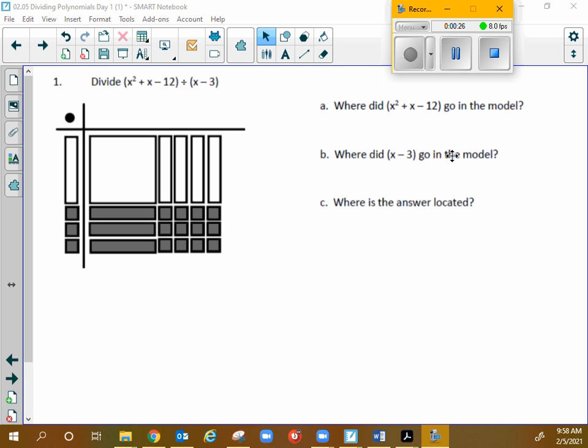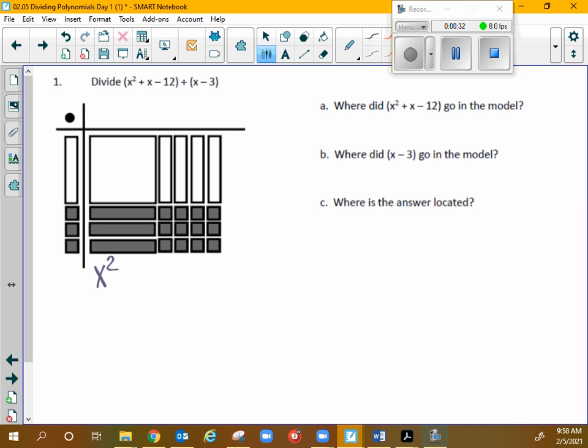Okay, if you have in the center x squared minus 3x plus 4x minus 12, what does that simplify to? X squared plus x minus 12. So it went in the center of your model.